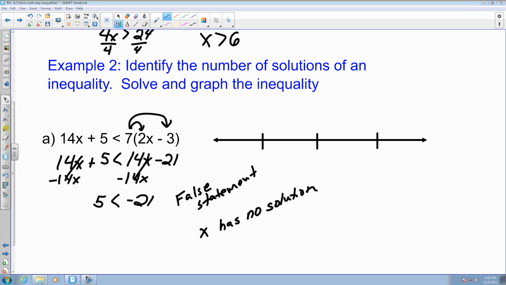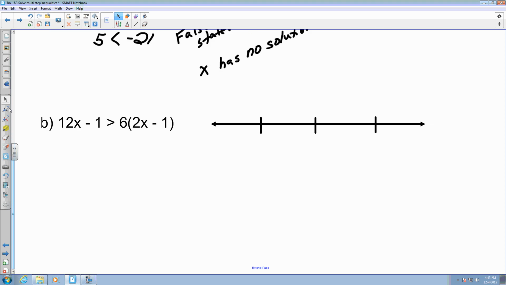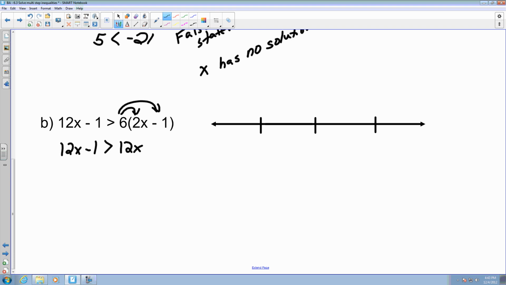So if I bring it down to b, this is an example of the other way around. It would be a true statement. So we have 12x minus 1 is greater than, I'm going to distribute my 6 over my quantity 2x minus 1, which gives me 12x minus 6.